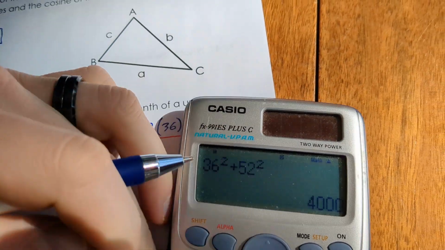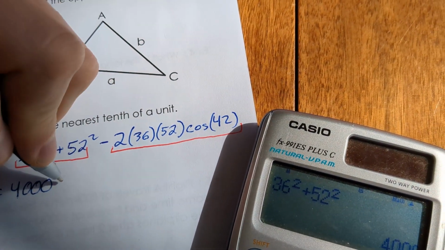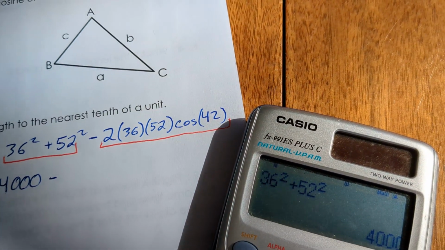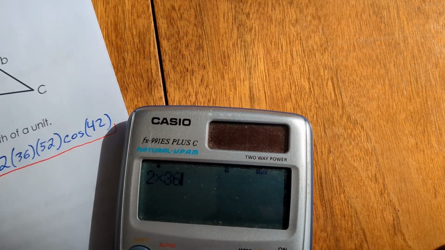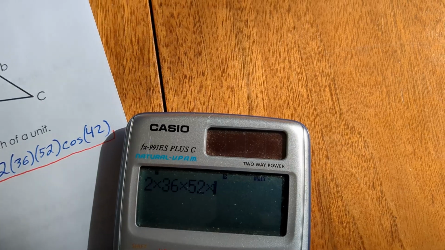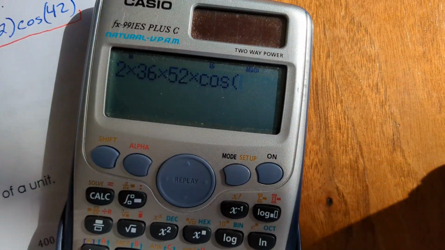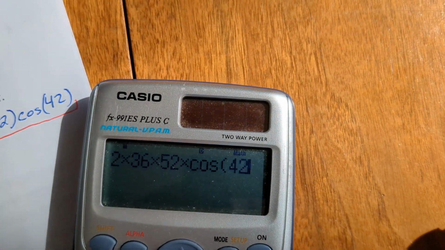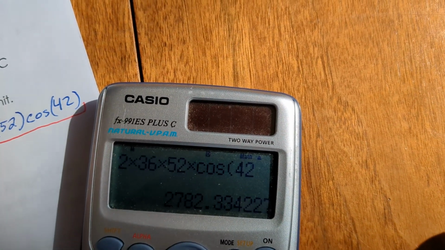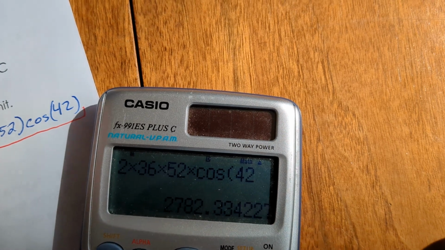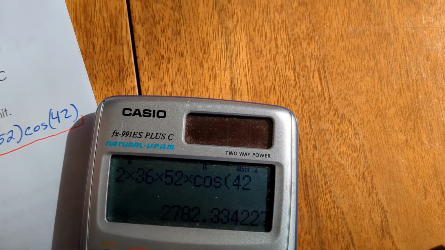And then we know we're going to be subtracting whatever we get when we type this into the calculator. So we have 2 times 36 times 52 times cos 42. So we get 2,782.3. I'll just do one decimal place here.